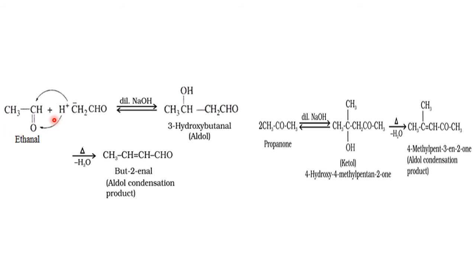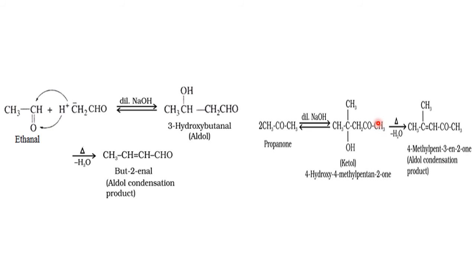These two are similar aldehydes. Here I have taken two similar ketones. Same thing here, we get a ketone as well as an alcohol, ketol. The correct name is 4-hydroxy 4-methylpentan-2-one, a ketol. So if you take two similar aldehydes, aldol. Two similar ketones, ketol.